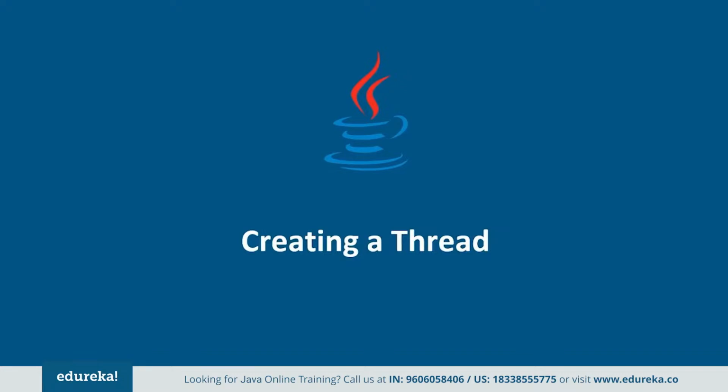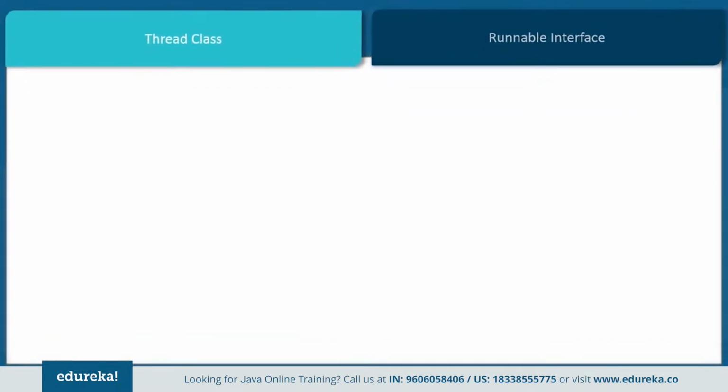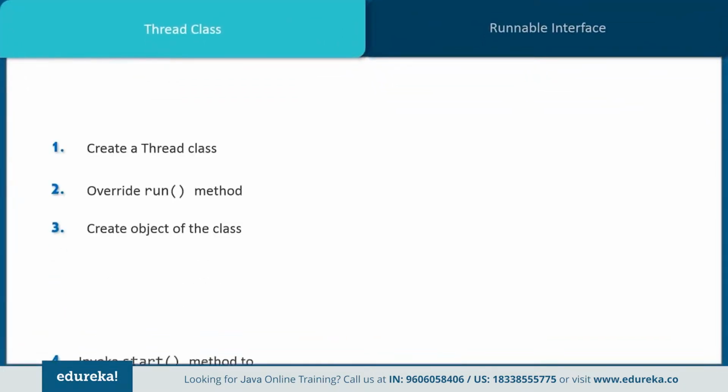So creating a thread is like what now? We have two different ways by which we can create the thread. Either we extend from Thread or we can implement the Runnable interface, right? So guys, having a Thread class, we'll just say extends Thread. Any class name extends Thread.